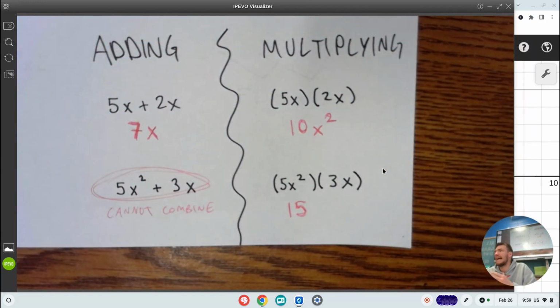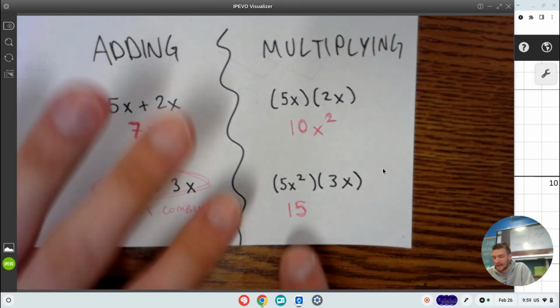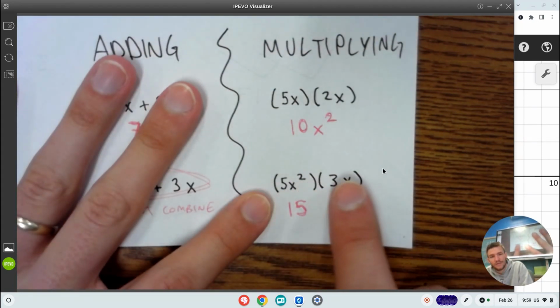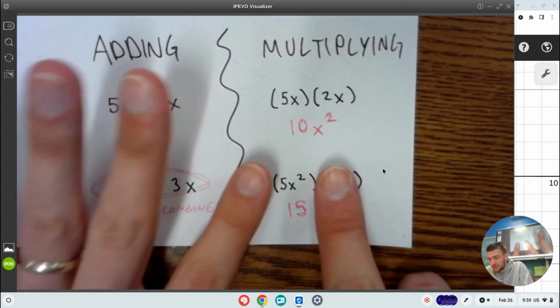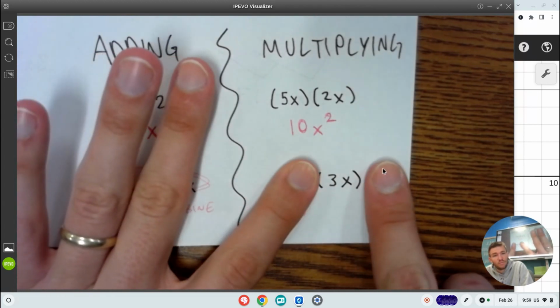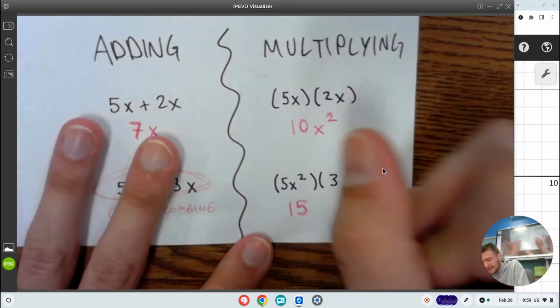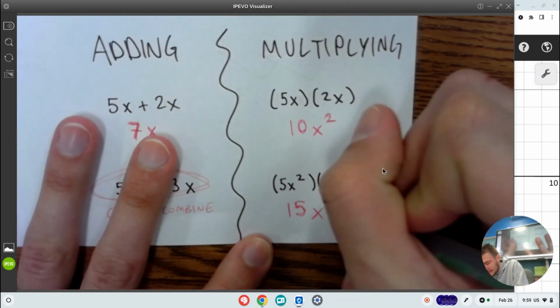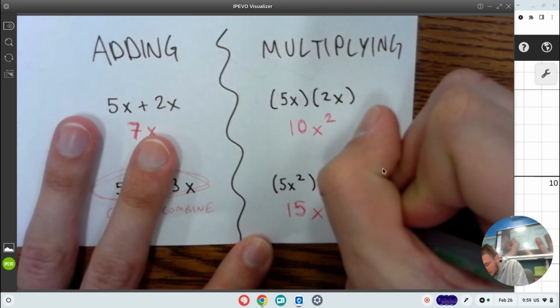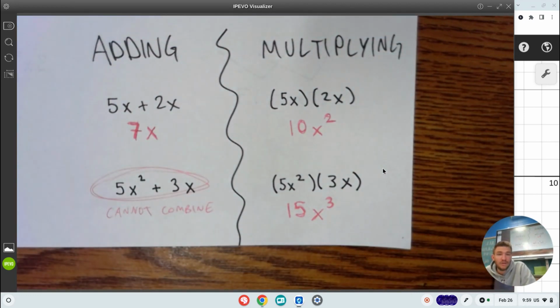And then just count up the x's. How many x's do we have? 1, 2, 3. There's 2 over here, there's 1 in the second term, and so 2 plus 1 makes x with a little 3 exponent, or x cubed, we could call it.